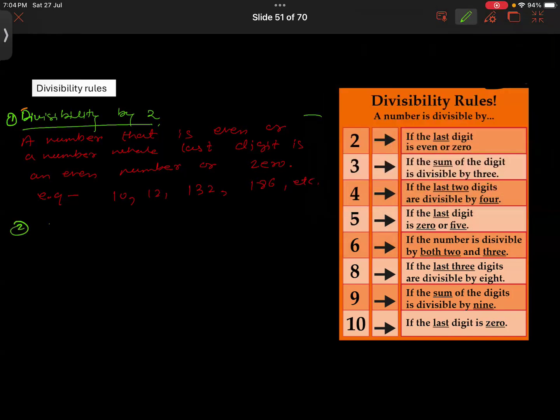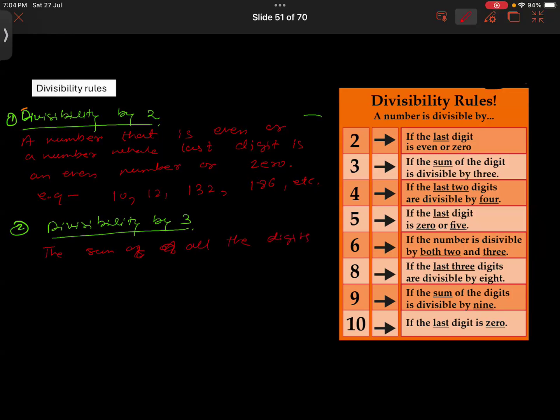Next you should be writing about the divisibility by 3. So this rule, what does it say? It says that the sum of all the digits.